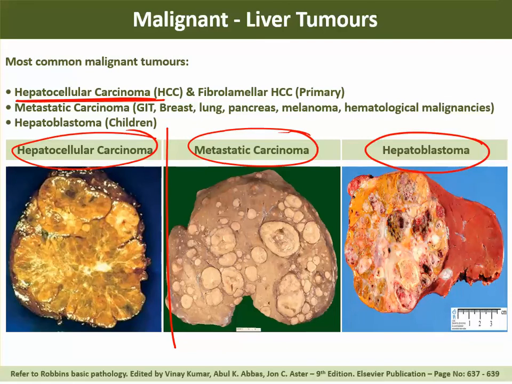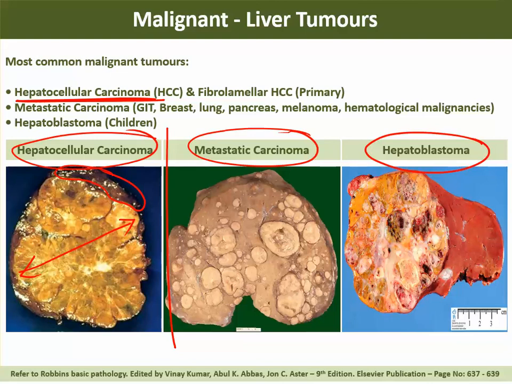It is a single tumor which expands and compresses the normal tissue. Let me explain here: this is a single expanding tumor, and you can see the normal liver is compressed. It is like an expansile mass.